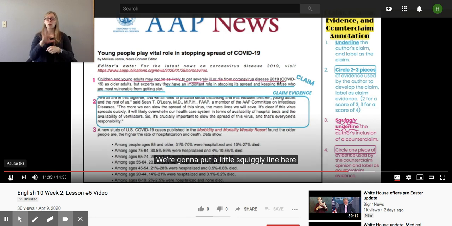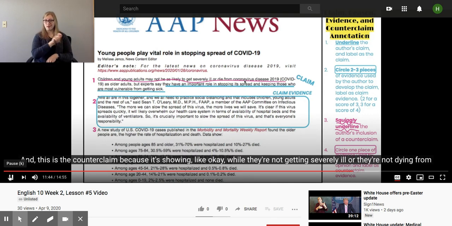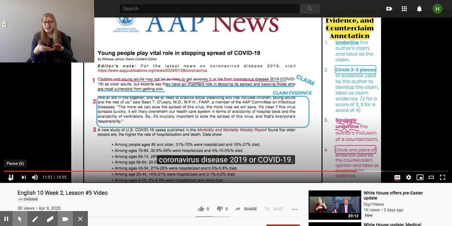We're going to put a little squiggly line here, mark it up, okay? And that is how I know that that's the counterclaim. And this is the counterclaim because it's showing like, okay, while they're not getting severely ill or they're not dying from coronavirus disease 2019 or COVID-19, and therefore it's not important. They are not important.